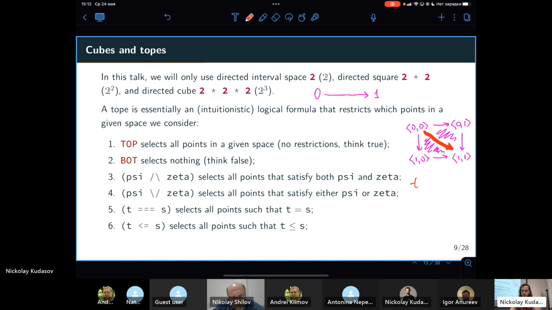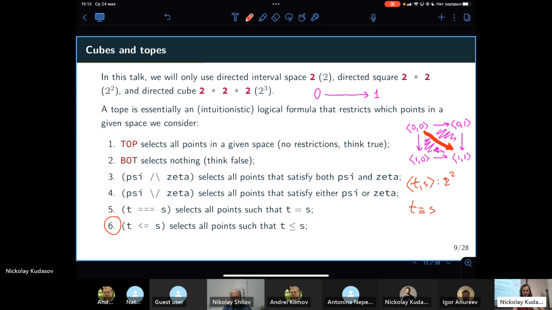If we have a 2-dimensional space, we know that T and S are the 2 coordinates of a 2-dimensional space, right? Then we can say that we want to consider only T equal to S, and that would mean that we only consider this diagonal, this red diagonal in the cube. And of course, we also have inequality that is specific. All of the previous ones are available for all spaces, but this one is only available specifically for the directed interval.